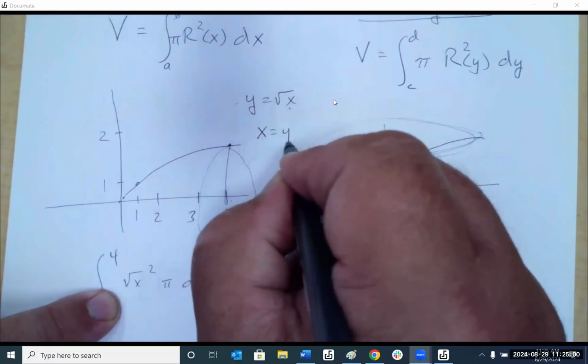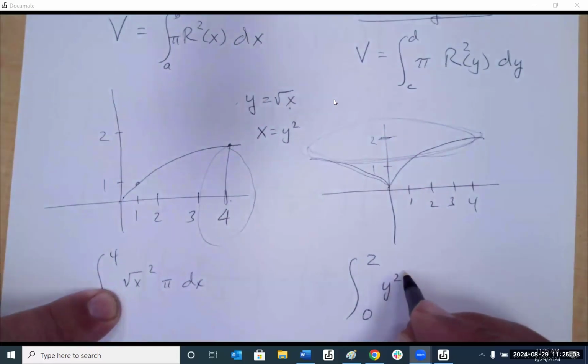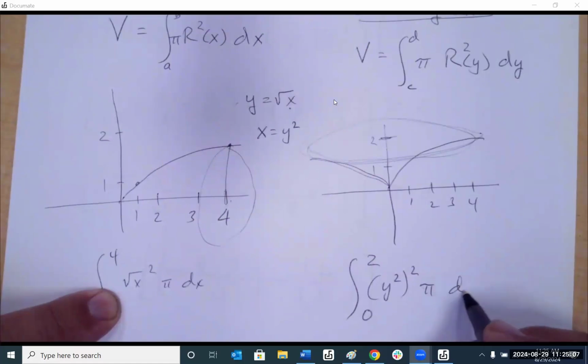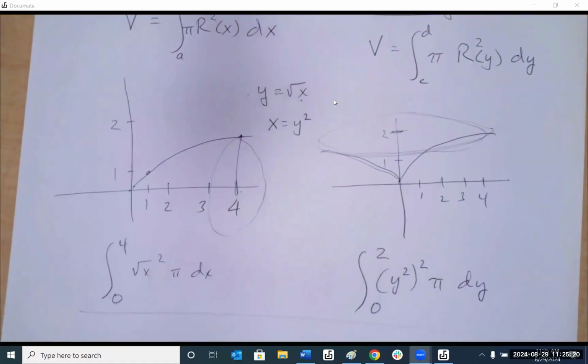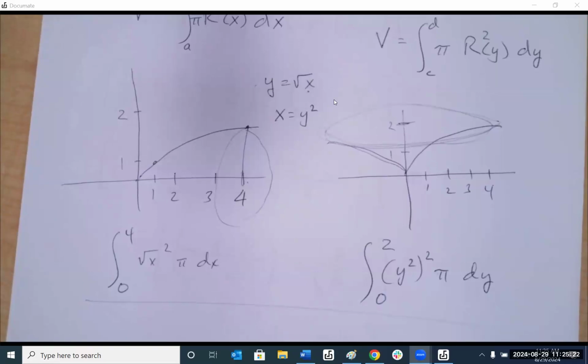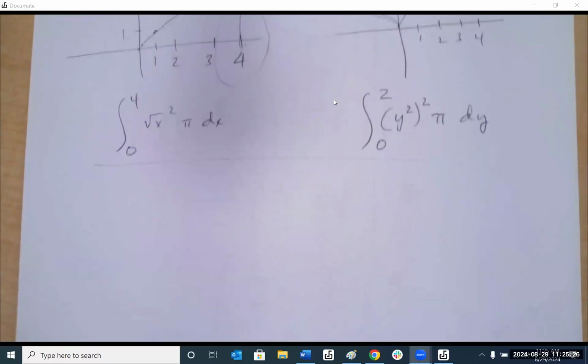So x is equal to y squared dy. So everything changes. And that's what example 7 is about. So it's not difficult. It's just that you have to remember all these things you have to change. It is a lot of stuff to memorize.